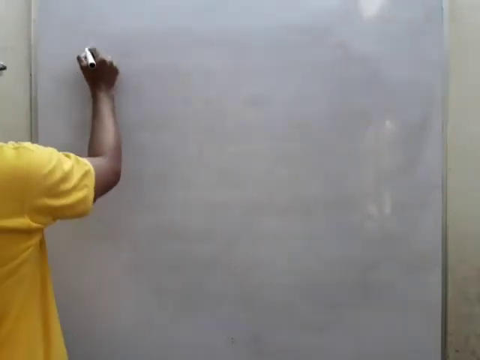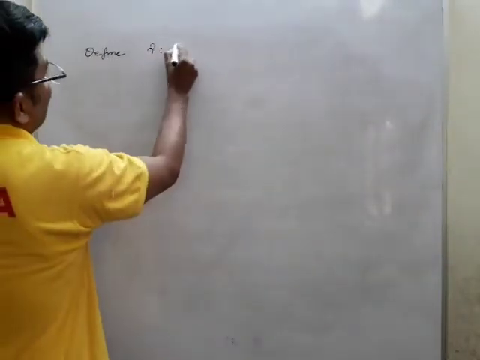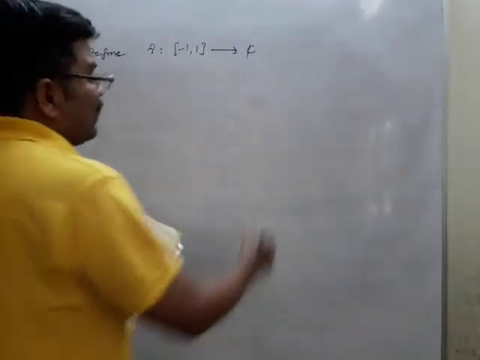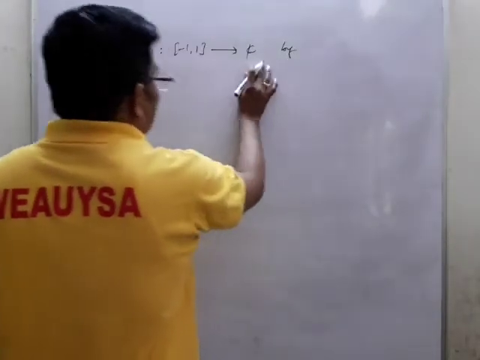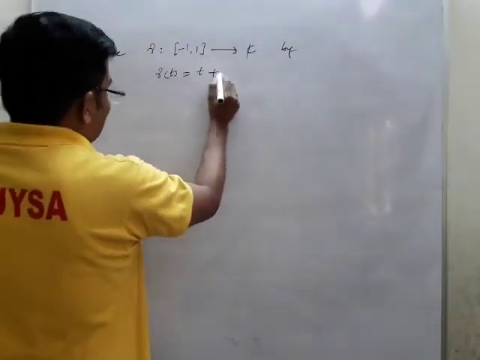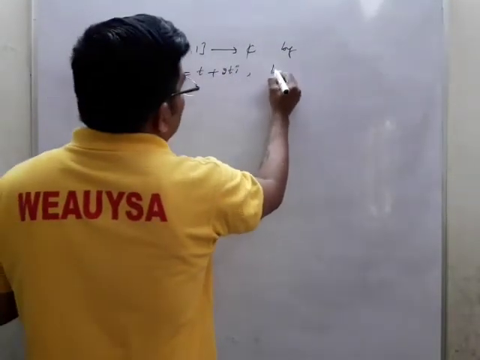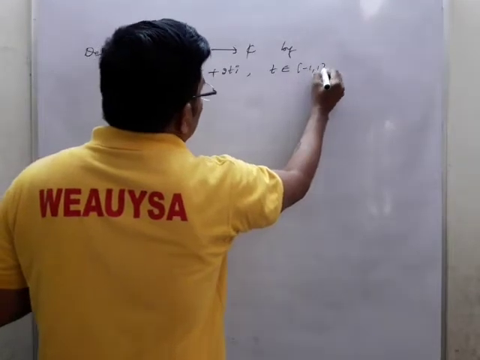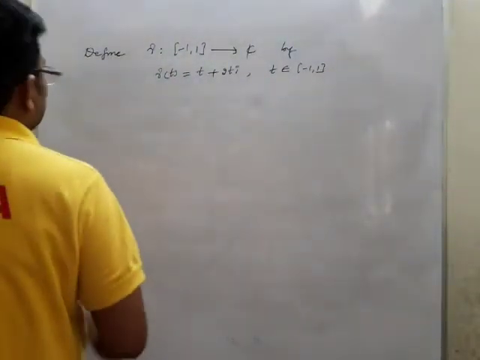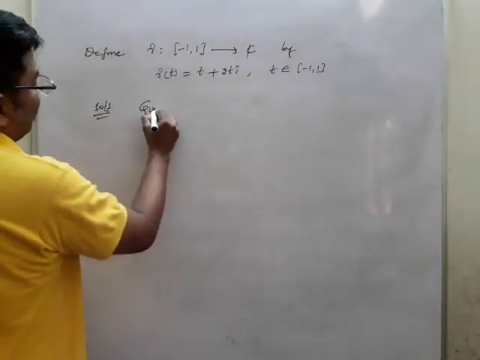Define gamma from minus 1 comma 1 to some complex region by gamma of t is equal to t plus 2ti, where t belongs to minus 1 comma 1. So what is given?